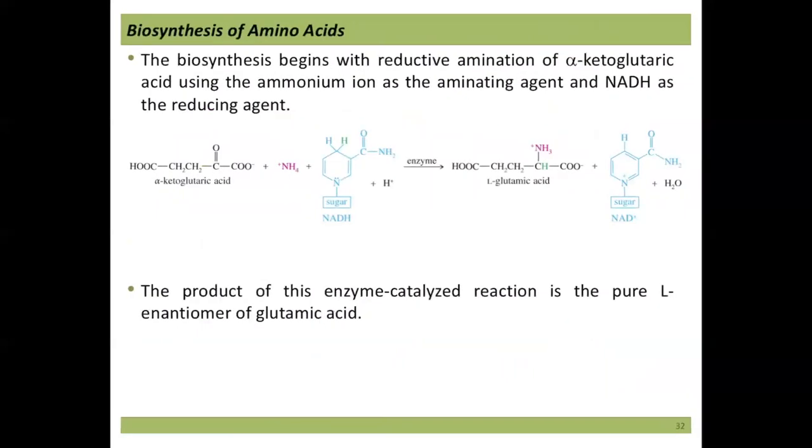to make biological molecules. Now, in our body, we actually use this reductive amination process to make some of our amino acids, but we use a different reducing reagent because we can't really ingest lithium aluminum hydride or sodium borohydride. So the reducing agent in our body is NADH.